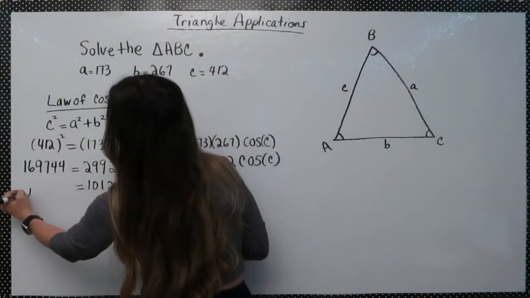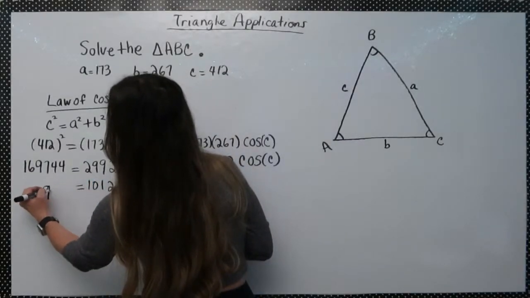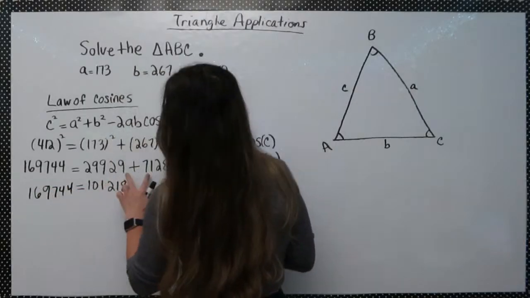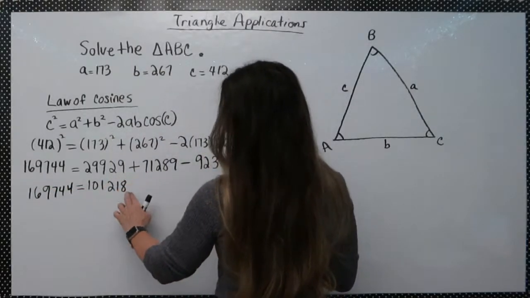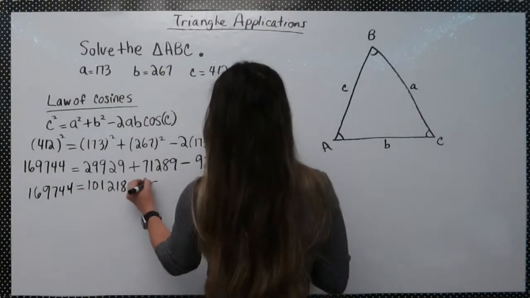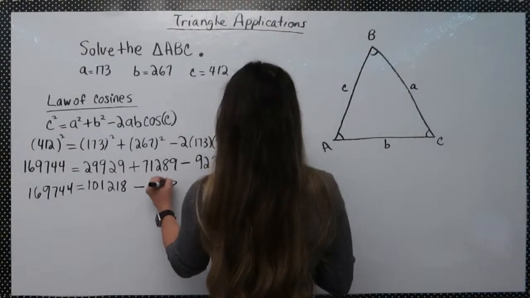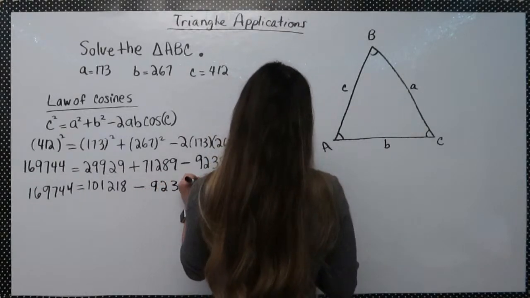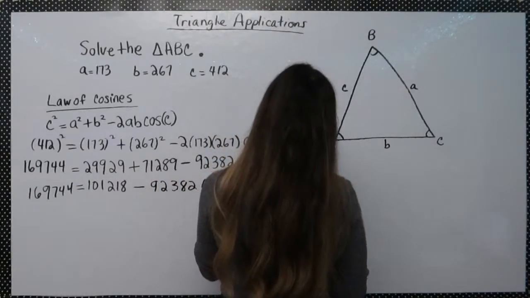And that equals, we'll put this one here, 16,974. We've simplified by combining these two terms, and we're still subtracting 92,382 times the cosine of C.